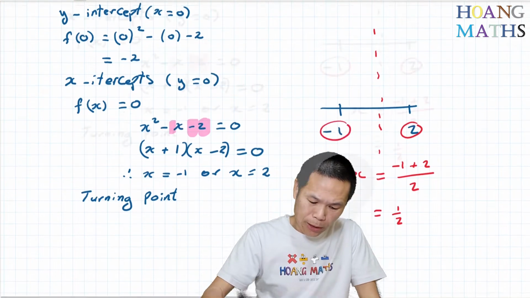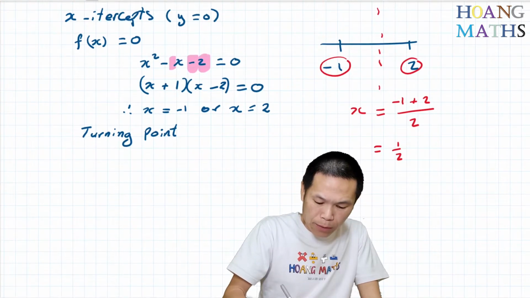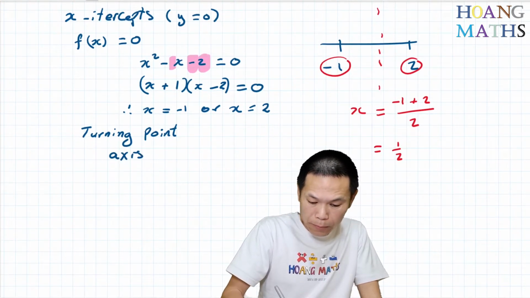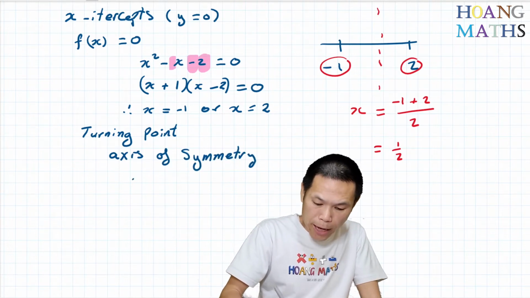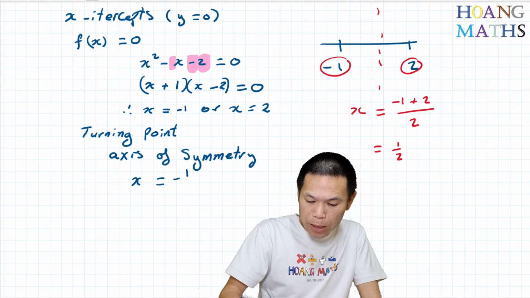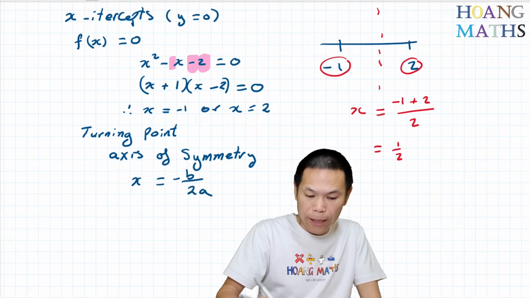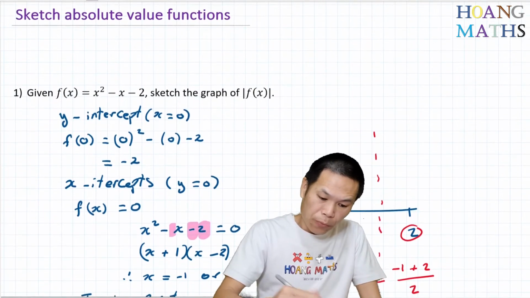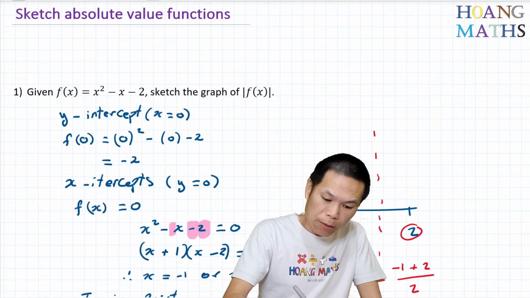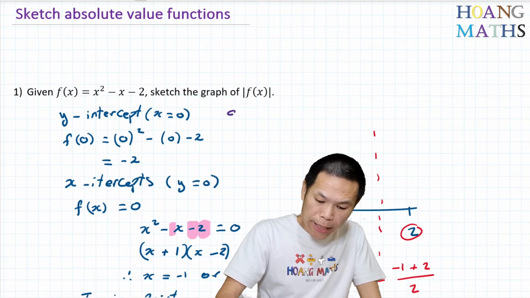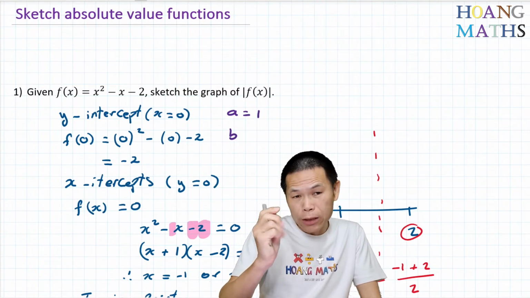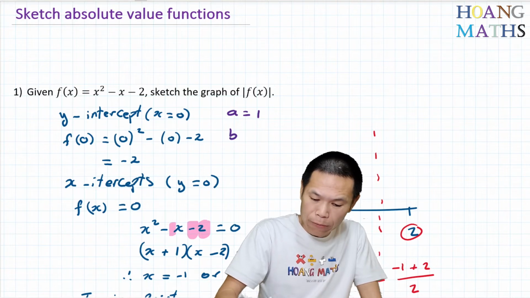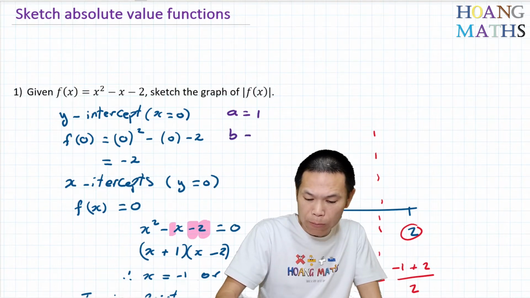So for the turning point, we find the axis of symmetry. That is x is equal to negative b over 2a. For x squared minus x minus 2, a is the coefficient of x squared, so that is 1, and b is the coefficient of x, so that is negative 1, because in front of x is a negative.